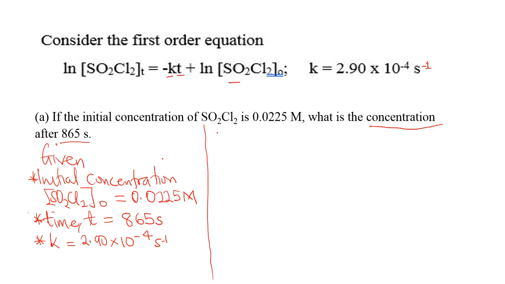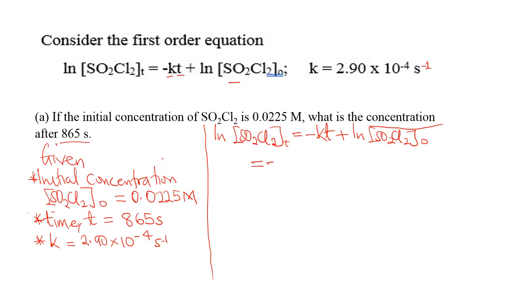So our equation is natural log SO2Cl2 at time t is equal to minus kt plus natural log SO2Cl2 naught. Now we just need to substitute.